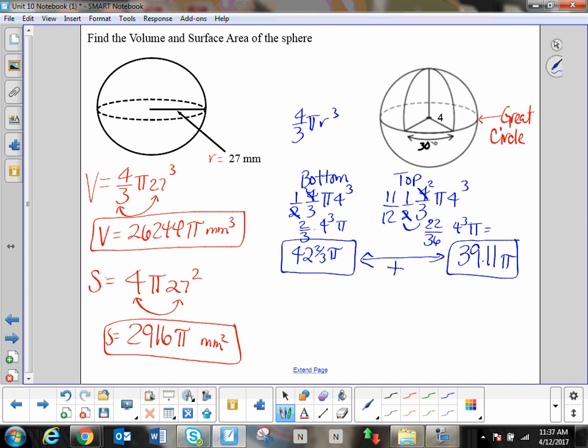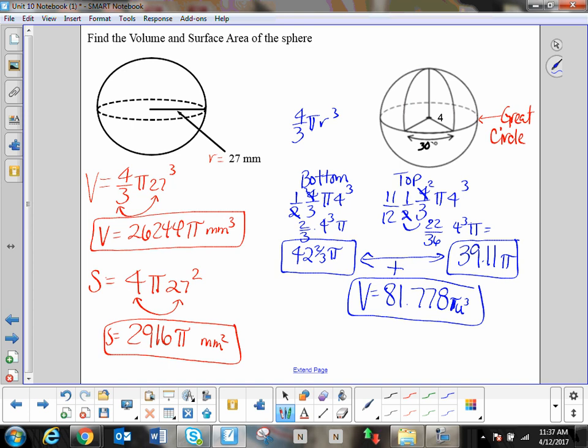I still have the 39.111 in my calculator, so I'm going to just put plus 42.66666667. So your volume is going to be 81.77, and we'll just say units. Okay, so there's your volume.